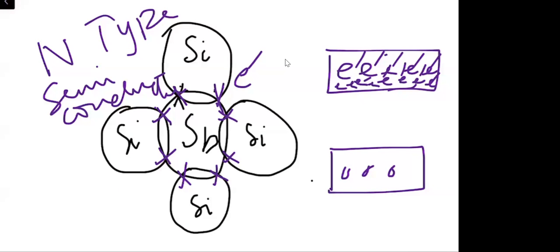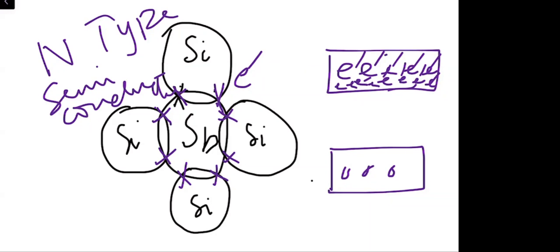Okay, so what we have seen is that in the N-type semiconductor, whenever a pentavalent impurity is added, plenty of free electrons are created in the conduction band, and there are also some free electrons due to electron-hole pair creation, right? So there are a lot of free electrons in the conduction band, and these are called the majority carriers in the N-type semiconductor.